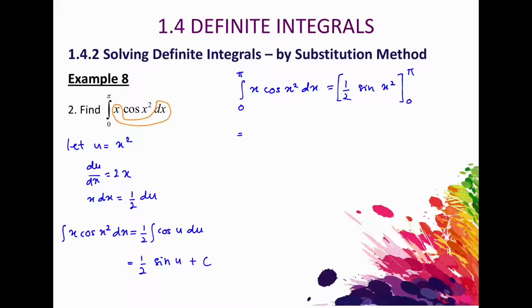So we have 1 over 2 sine pi squared minus 1 over 2 sine 0. So finally we get 0.215. Sorry, negative 0.215.